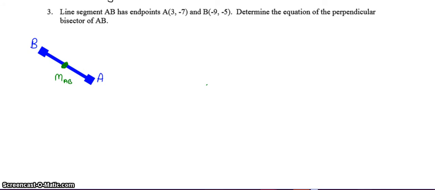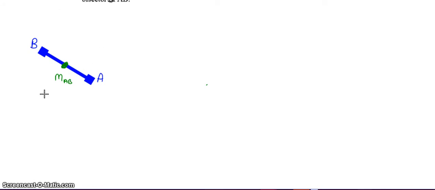And the perpendicular bisector is also perpendicular to AB. So your perpendicular bisector would look something like that. So 90-degree angle, and because it's going through the midpoint, this is equal to this. So this black line is called the perpendicular bisector.